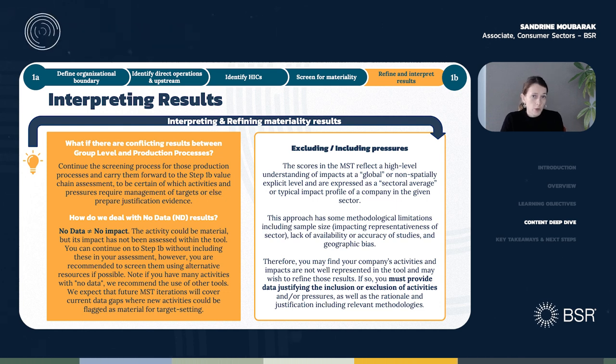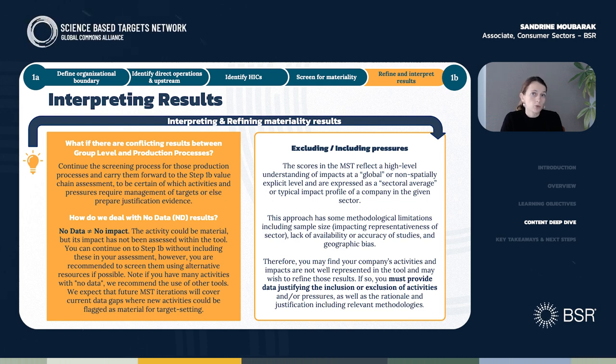There are also cases where a company might want to exclude pressures that have been found to be material. Now, the materiality screening tool reflects a high-level understanding of impacts at a global or non-spatially explicit level, expressed as a sectoral average or typical impact profile of a company in a given sector.